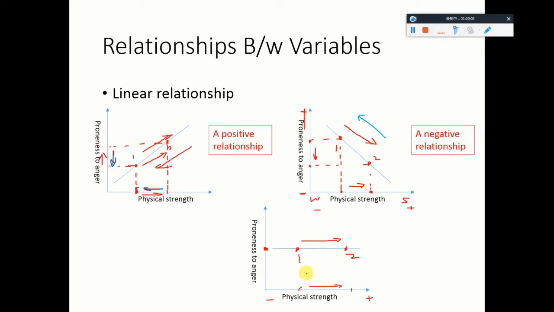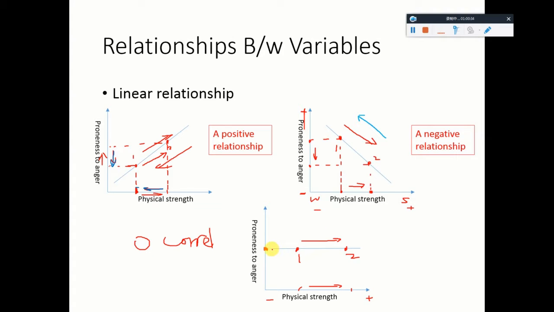So we can see, when we say two variables have zero correlation, it essentially means that the value of one variable will change, whereas the value of the second variable does not change. That's when we say the two variables have zero correlation, do not correlate with each other at all.